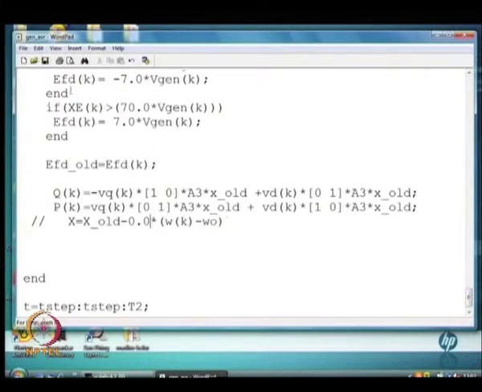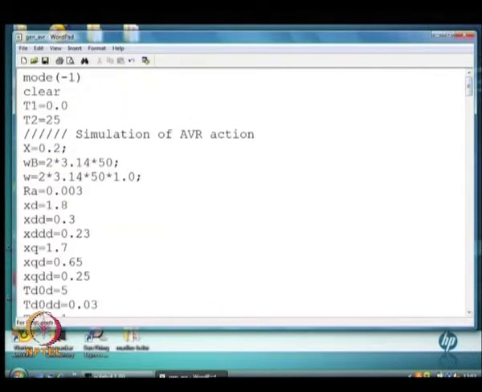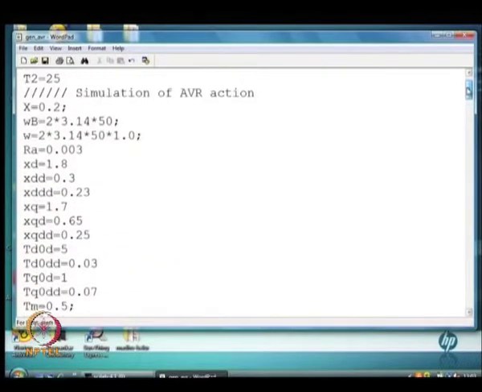So, let me save this. This is a program which simulates a synchronous machine connected to an infinite bus. The field voltage of the synchronous generator is being controlled by the automatic voltage regulator. What I am going to simulate is the response of the system for small disturbances around an equilibrium point.